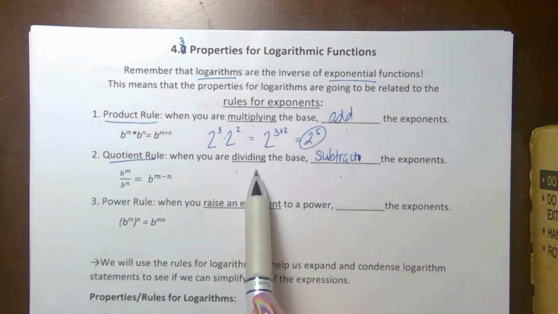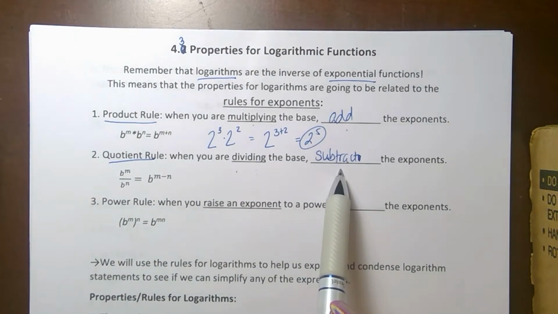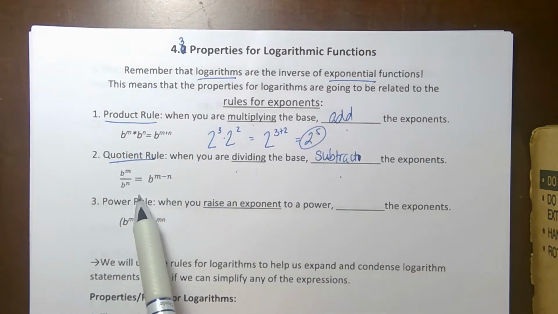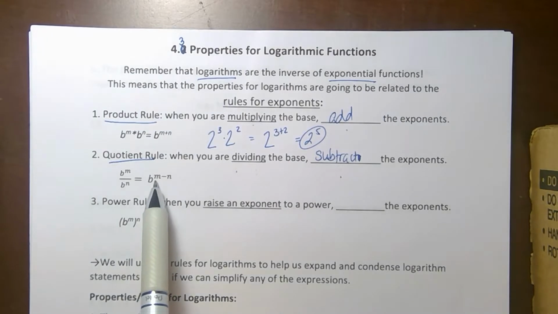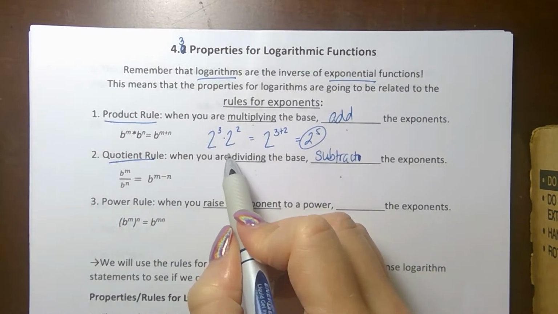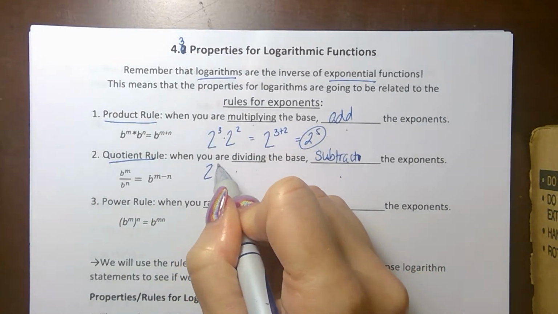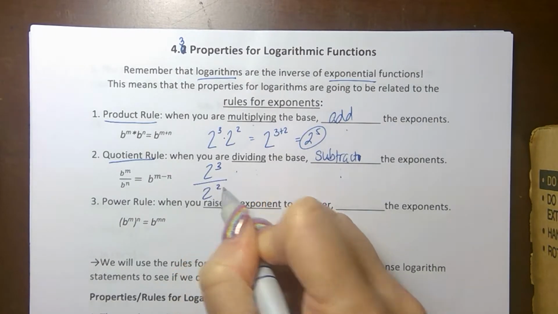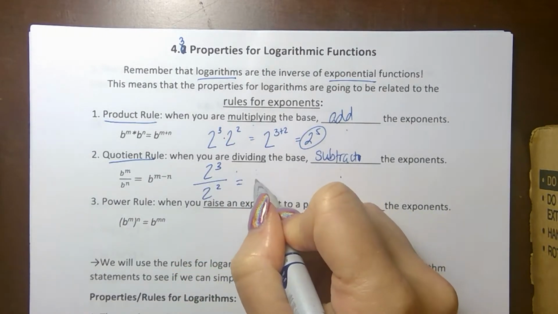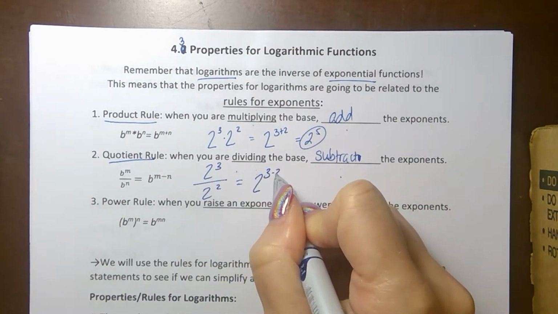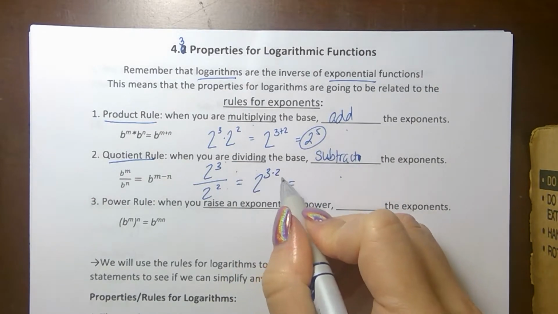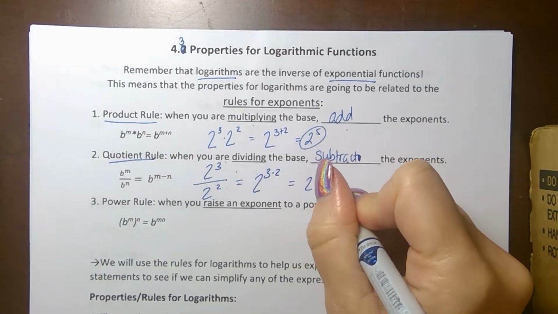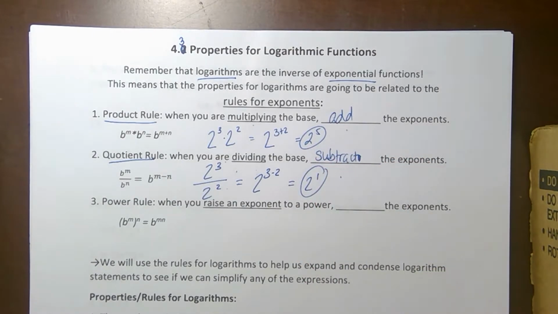Quotient rule says when you're dividing the base, you subtract the exponents. Here's my general term example. B to the m divided by b to the n is the same thing as b to the m minus n. So let's go ahead and use our 2 cubed divided by 2 squared example. This is going to be 2 to the 3 minus 2 in the exponent, because I'm dividing the base, I subtract the exponents, which is just 2 to the first, or 2.